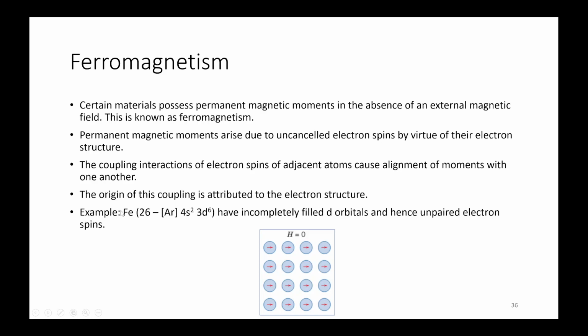For example, in d-block elements, some electrons are not coupled. In case of iron, atomic number 26, the configuration is 4s2 3d6. So 4 of the electrons are not coupled, and it has incompletely filled d orbitals and hence unpaired electron spins. So it shows permanent magnetism.